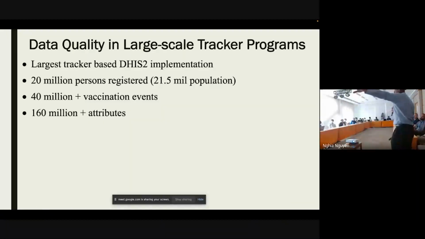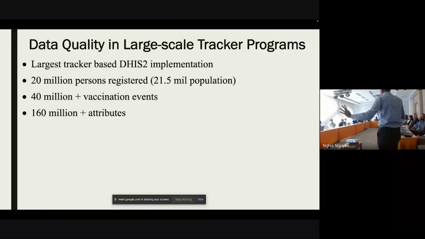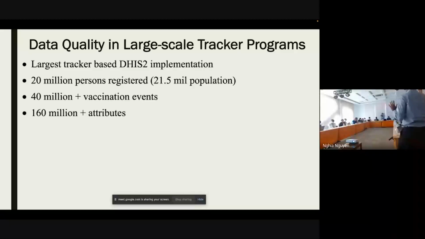We have a population of 21 million. Out of that, initially 16 plus million were pre-registered in DHIS2 from day one of the vaccination program, right? It was, of course, the largest tracker program in Sri Lanka at that time.